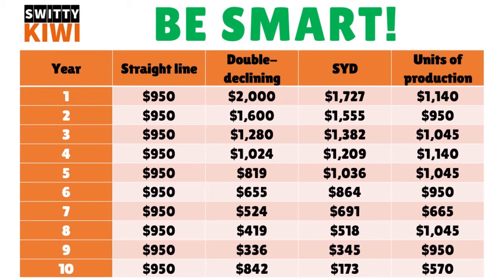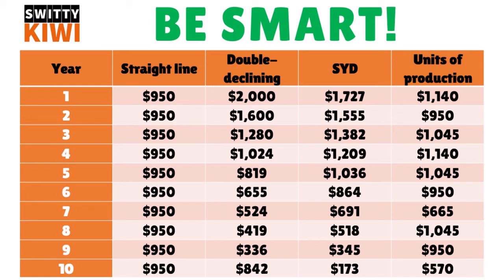I want you to see on the screen what the final numbers look like. We are comparing straight line to double declining, to sum of the year's digits, to units of production. You can see for each year, from year 1 all the way to year 10, what the depreciation amount is.